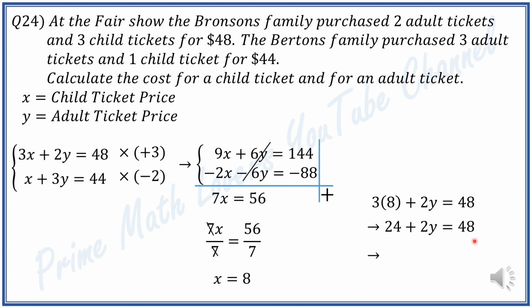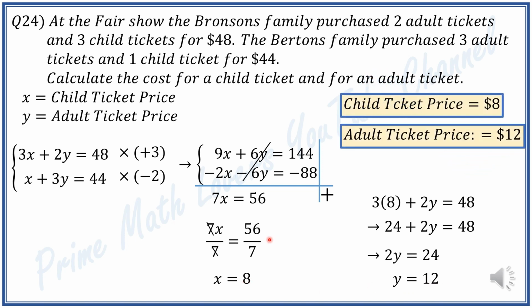I take 24 to the other side of the equation, so I get 2y is equal to 48 minus 24, which is 24 again. 2y is equal to 24. I divide both sides by 2, and I get y is equal to 12. So child ticket price is $8, and adult ticket price is $12.